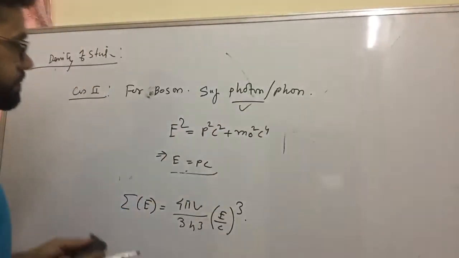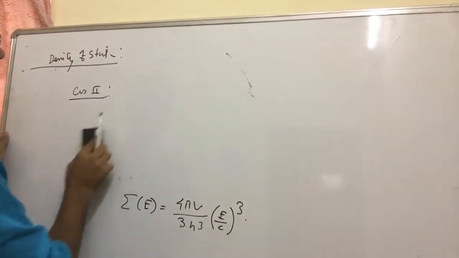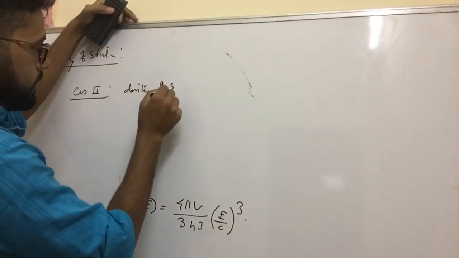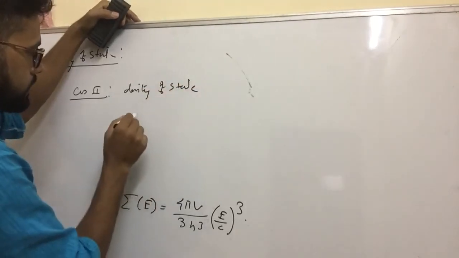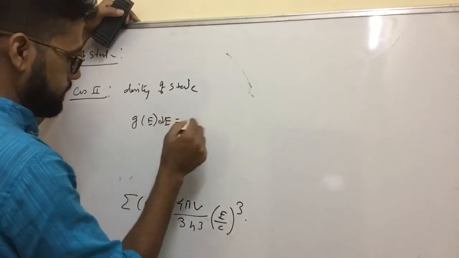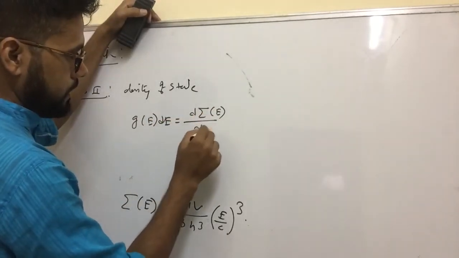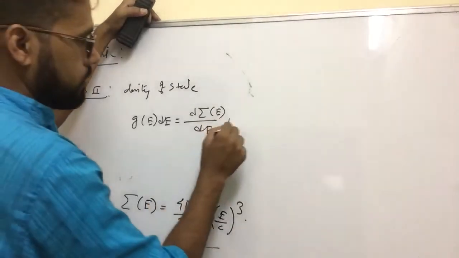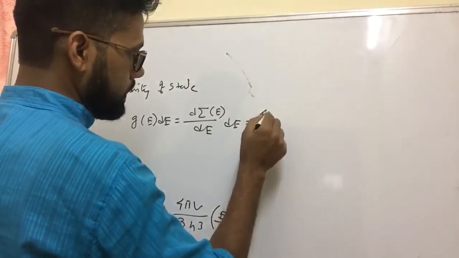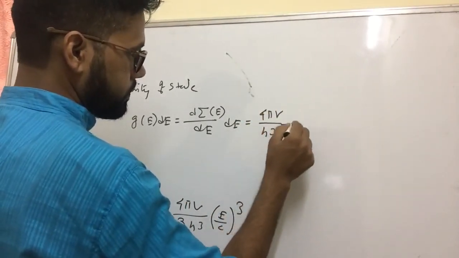Clear? So now the density of state for case 2. What is the density of state? g(E) dE is just the differentiation of this expression, into dE. What do we get? 4 pi V by h cube c cube E square.